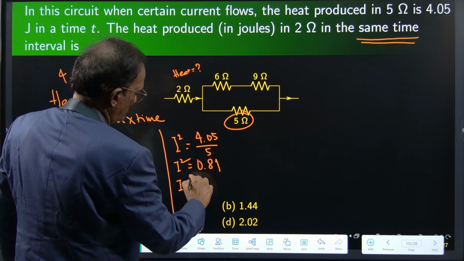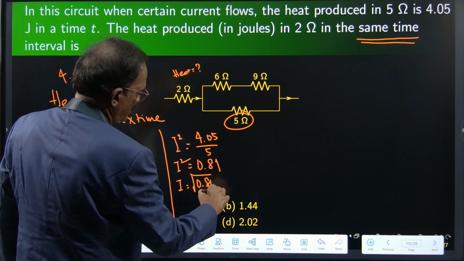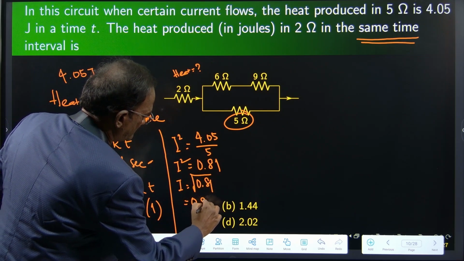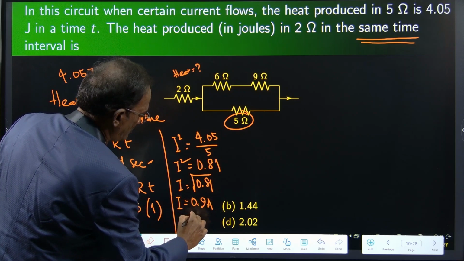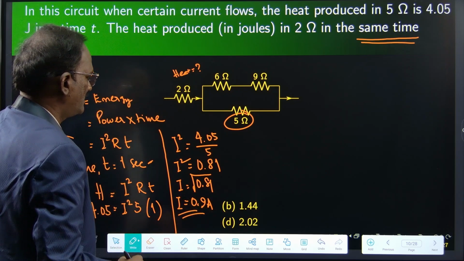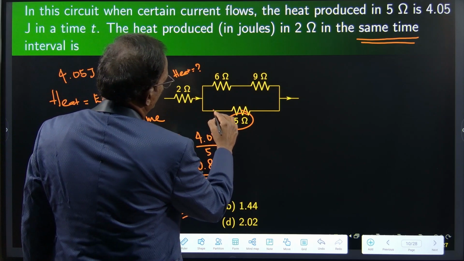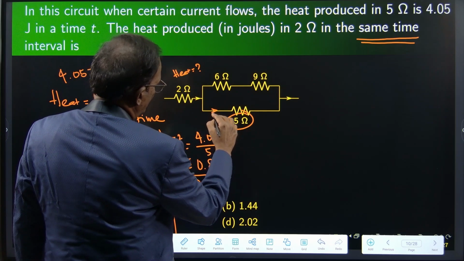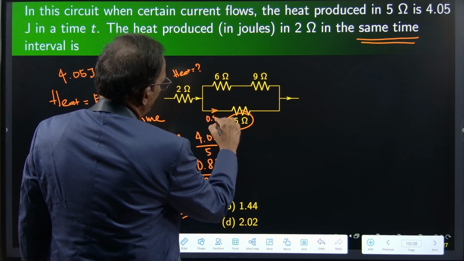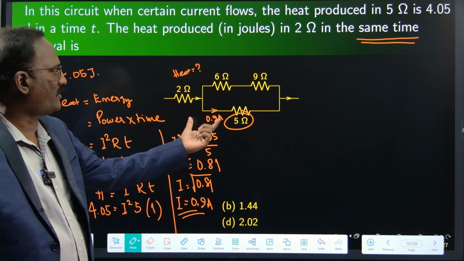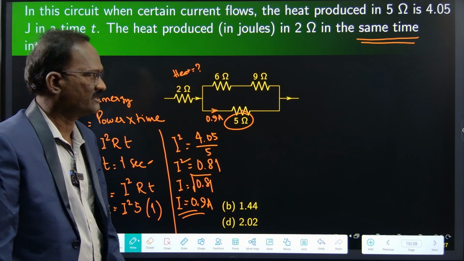Then I is equal to the square root of 0.81, which is 9 into 9, 81. So this will be 0.9. I is equal to 0.9 amperes. So that means the current through this 5 ohms resistance is found. This is 0.9 amperes. So using the heat data, we have found the current through the 5 ohms.